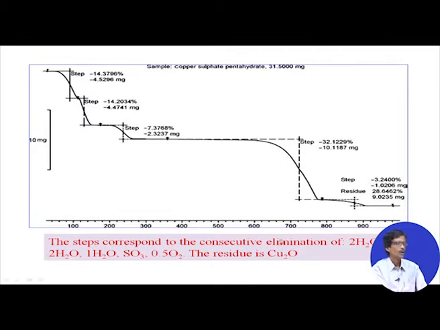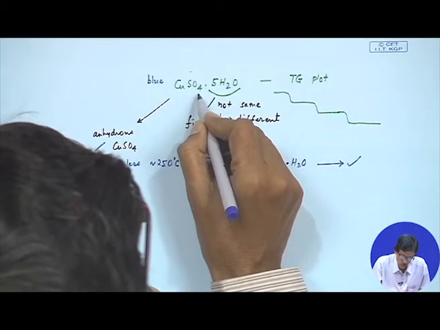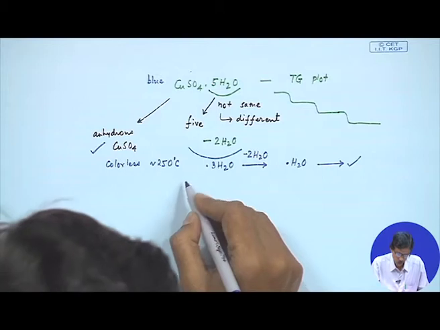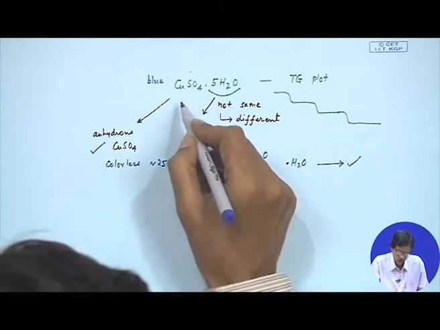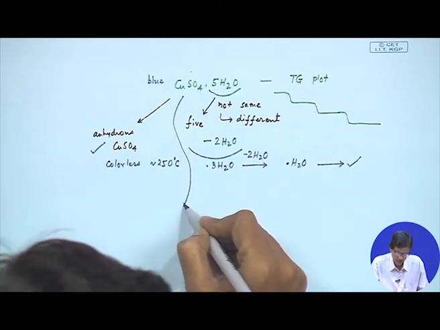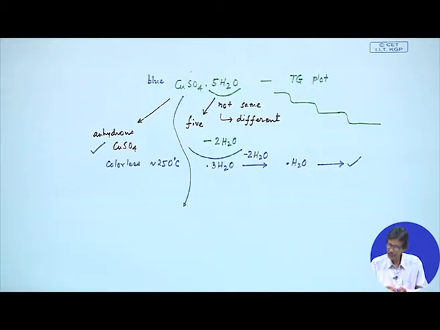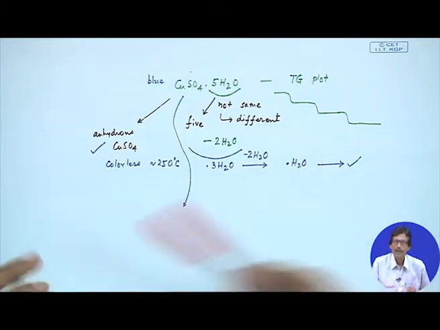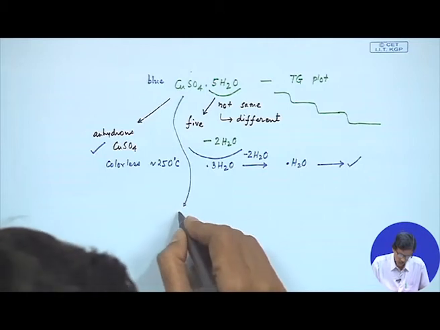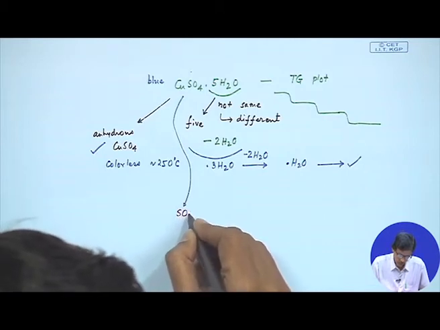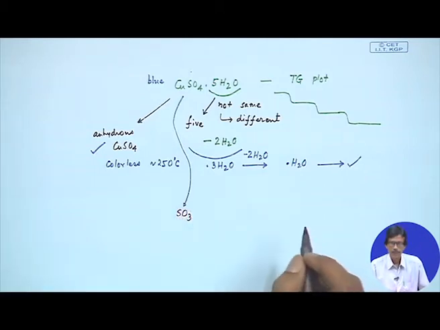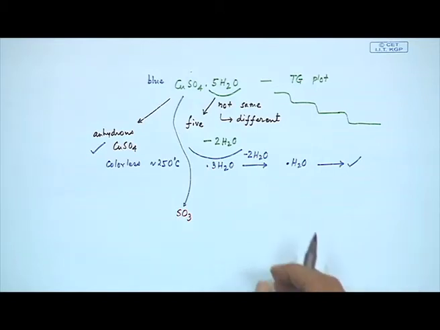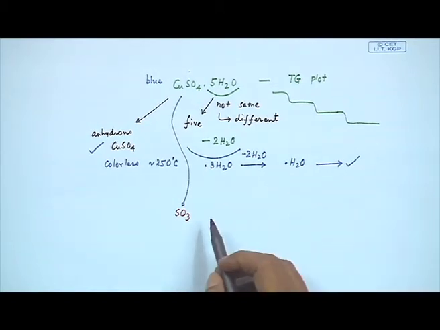So, if we correlate this nicely with our sample, we have seen that we have SO4 2 minus as the anion, but when we go for solid state heating, the heating of this copper sulphate pentahydrate basically gives us the loss of SO3. Now, SO3 will be lost from here, as we have seen in one of our previous examples of ferrous sulphate heating.